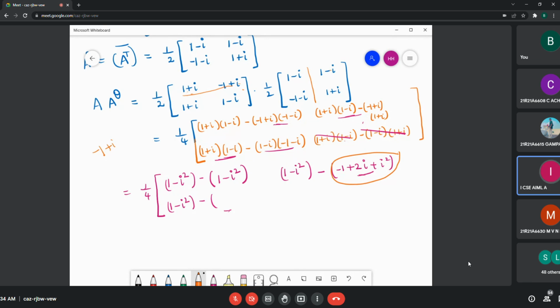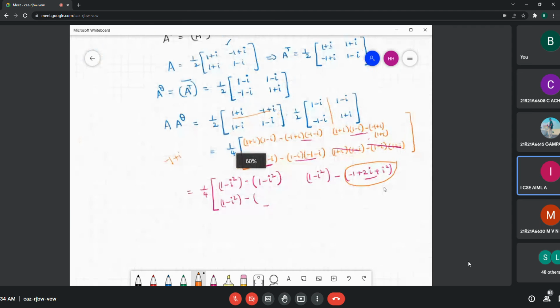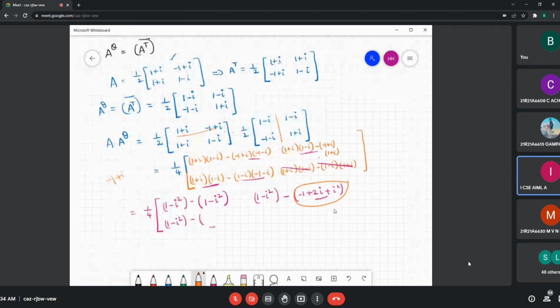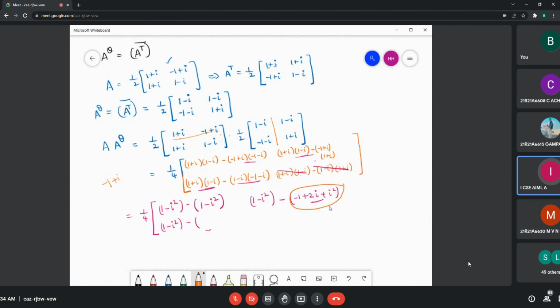This one complete. One plus i into minus one plus i.